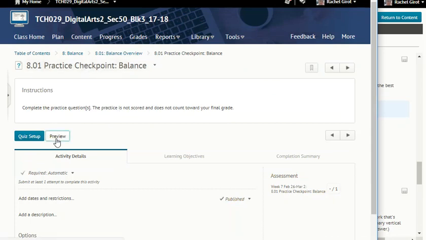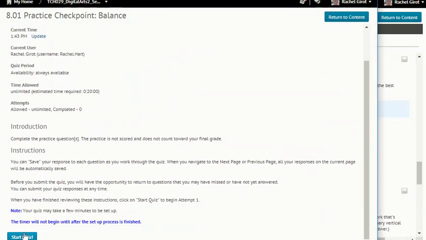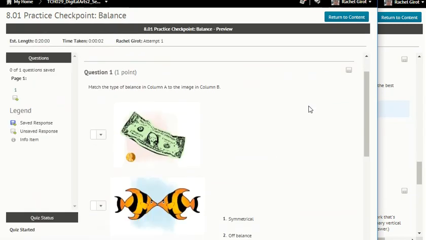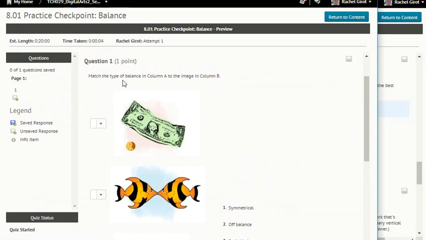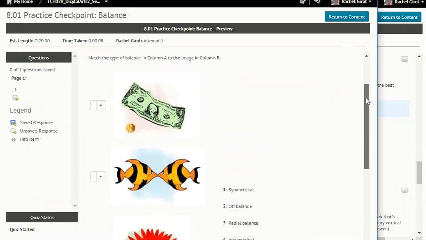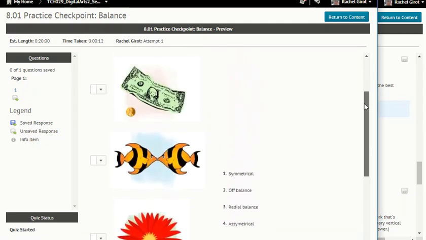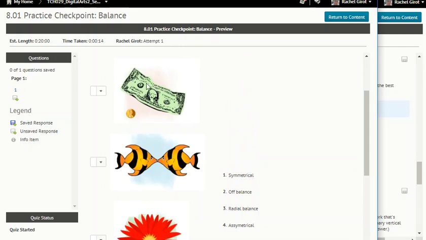Oh, look at this. We have a checkpoint. Let's check it out. Match the type of balance in column A to the image in column B. All right, so let's see here. Number 1 looks a little off balance to me.